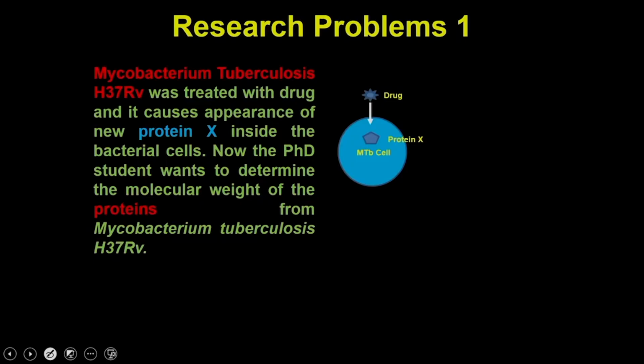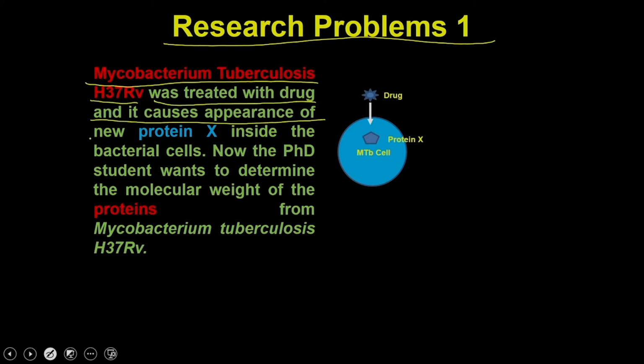So, our research problem 1 is this: Mycobacterium tuberculosis H37Rv was treated with a drug and it causes the appearance of a new protein X inside the bacterial cell.